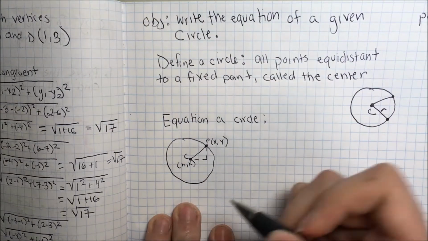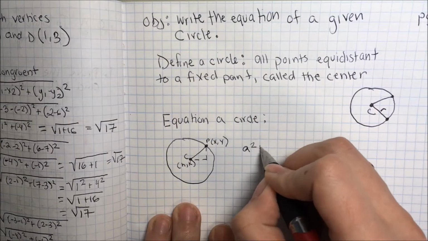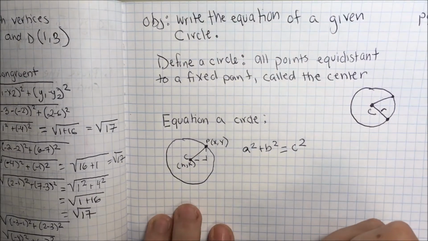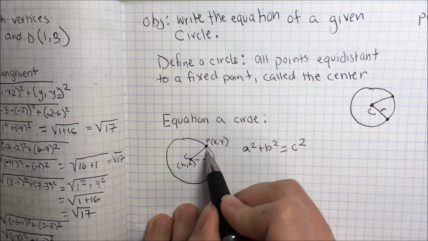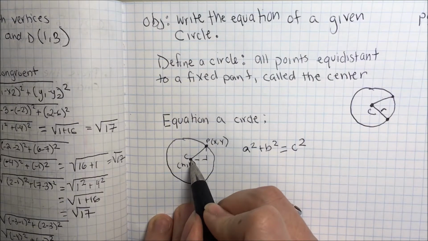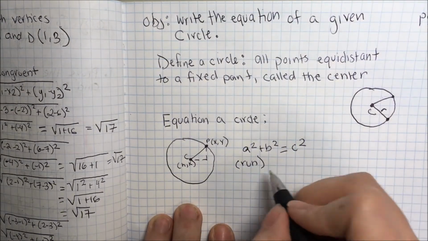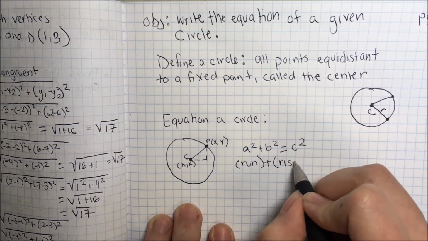Since we have a right triangle, we can use the Pythagorean theorem. So we have a squared plus b squared equals c squared. So this would be a and this would be b. So a would be our run, if we're talking about rise over run, and then b would be our rise.